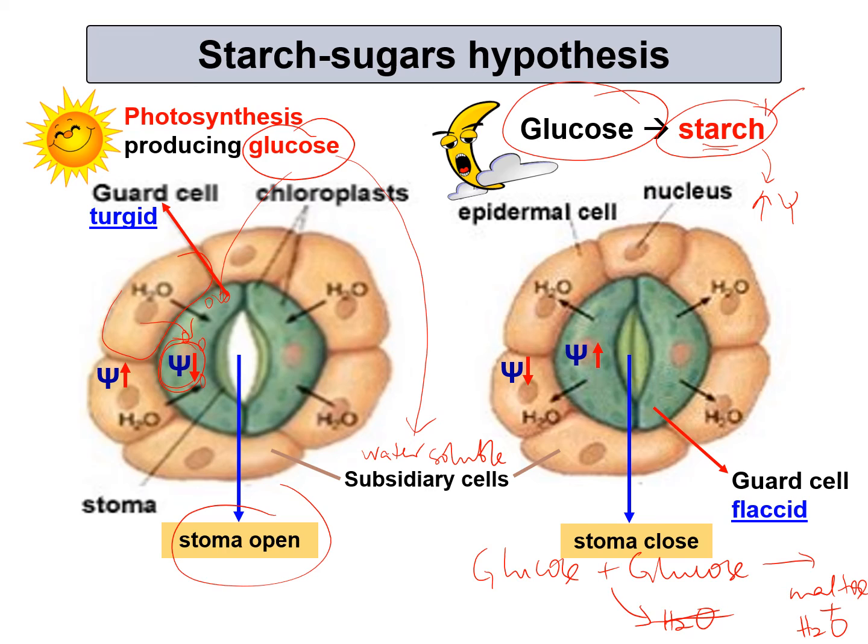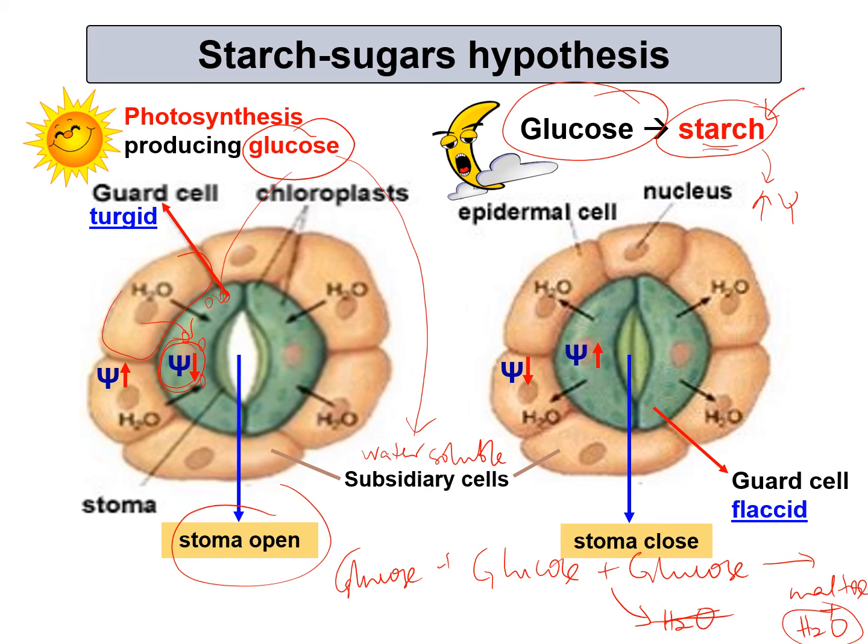So to produce starch, we will need more glucose bound together. So as more glucose forms bonds between each other to form starch, more water will be produced.